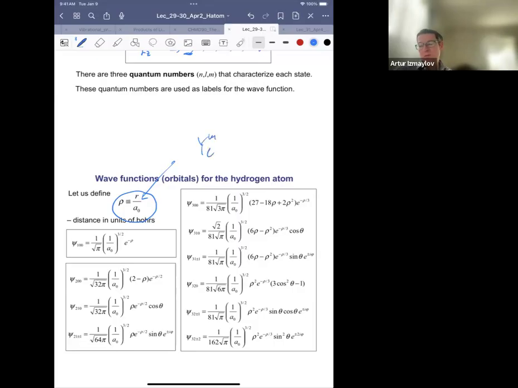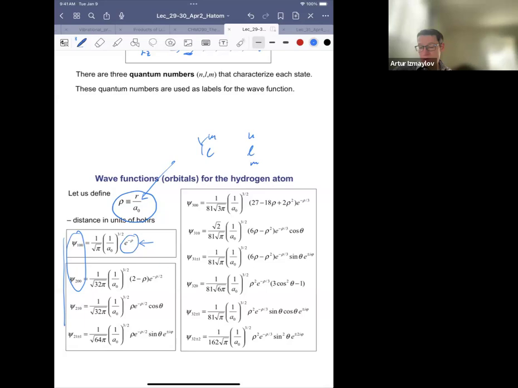So it's becoming more complicated once we go to the higher N, L, and M. But these first two, at least, don't have any angular dependence. For L equals 0, M equals 0, the angular dependence is constant, no dependence, right? And this is just the radial part.